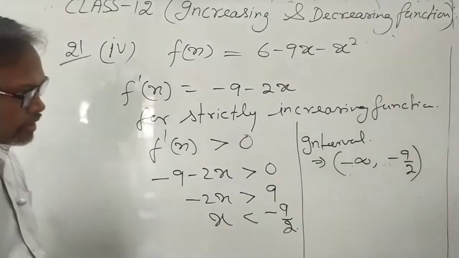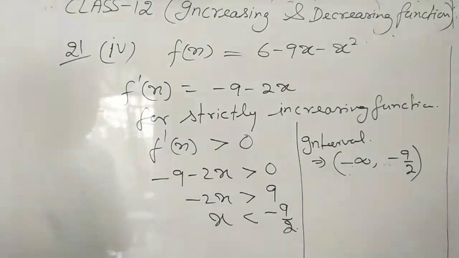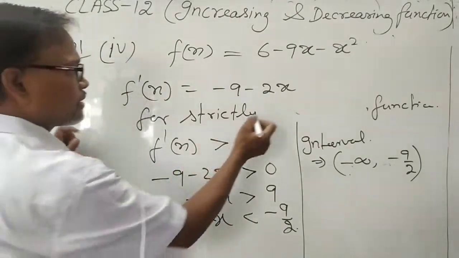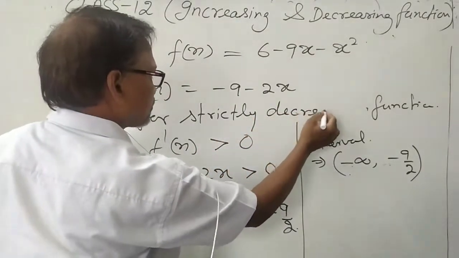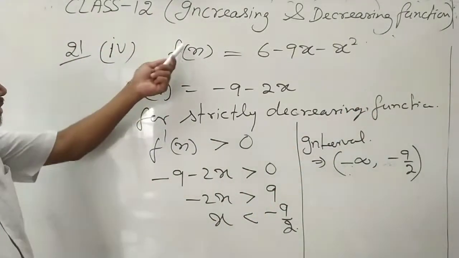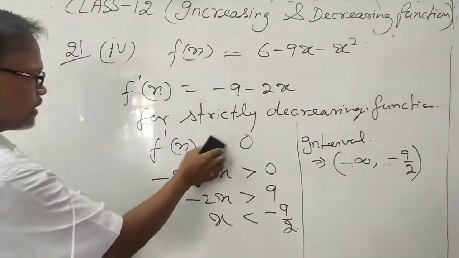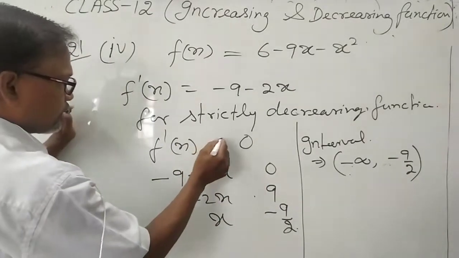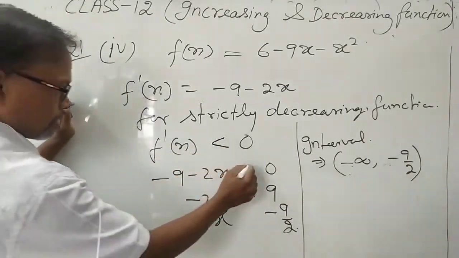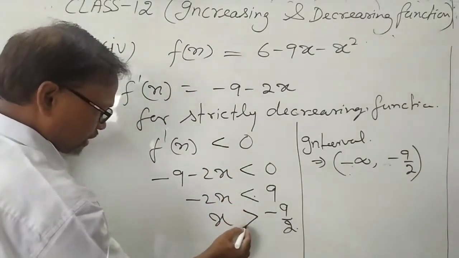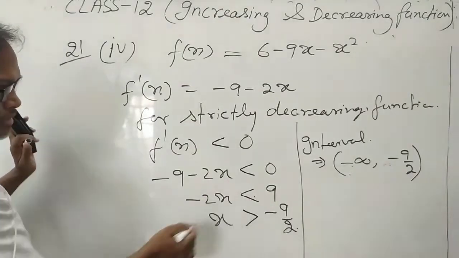Now for strictly decreasing, note this down. For strictly decreasing you will do the same thing, but here you will put the less than sign for f dash x, and x will be greater than because the sign is changed.